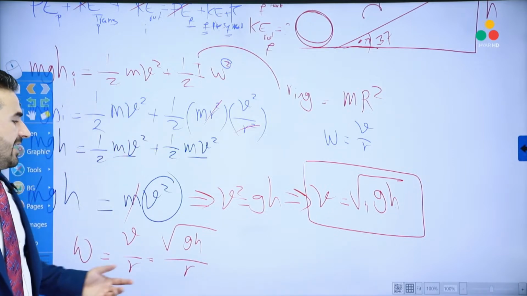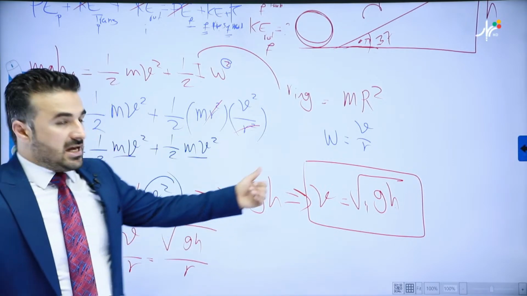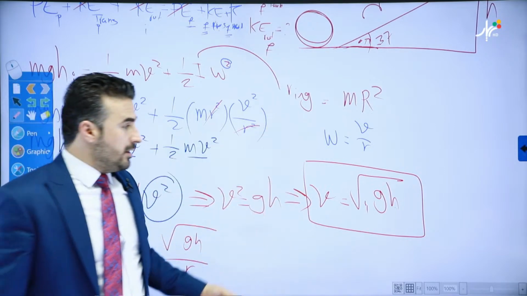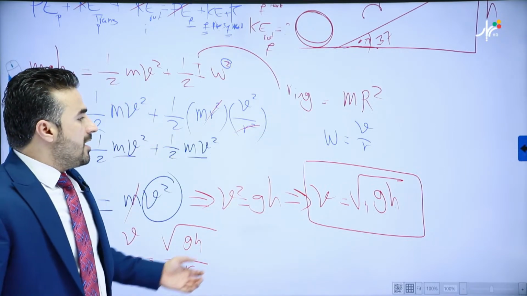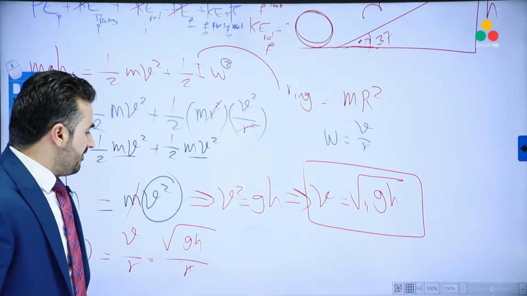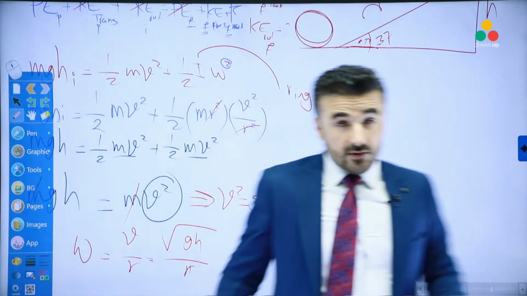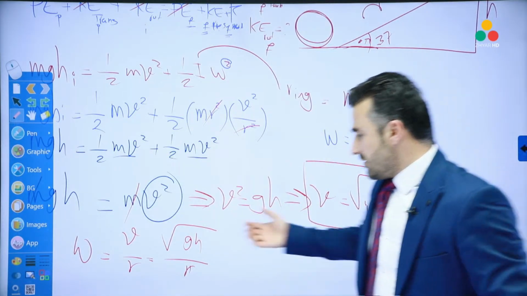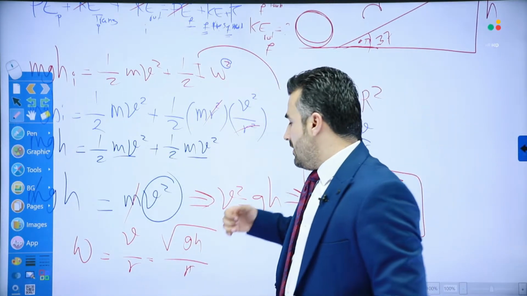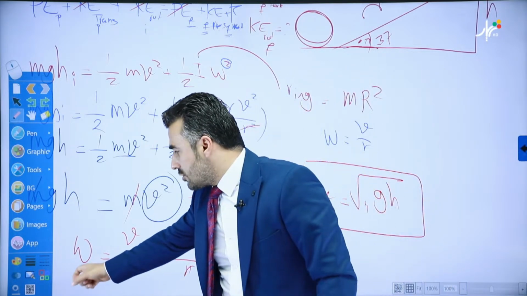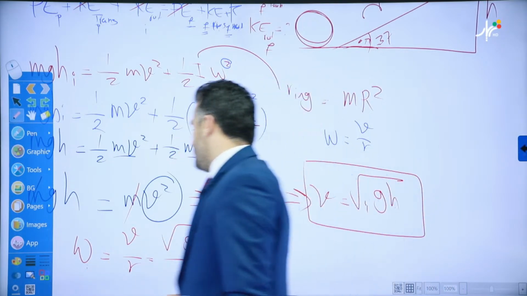So it depends on the height of the incline that the object is falling through, the shape of the object, the radius of the object, and also the translational speed. The translational speed, the radius, and the shape all determine the angular speed at the bottom of the incline.